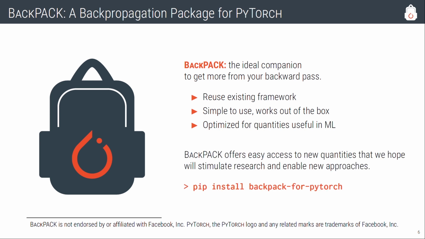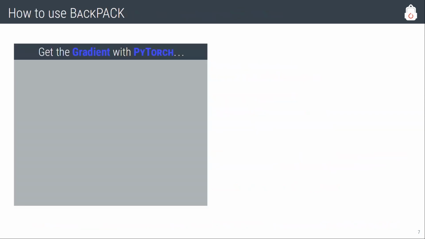Backpack should work out of the box with existing PyTorch code, and you can try it out with a simple pip install backpack-for-pytorch. We hope that easy access to this information with Backpack can help you in your research and stimulate new approaches based on quantities that were previously too difficult to compute. Now, let's look at how Backpack integrates with some PyTorch code for a simple image classification task.